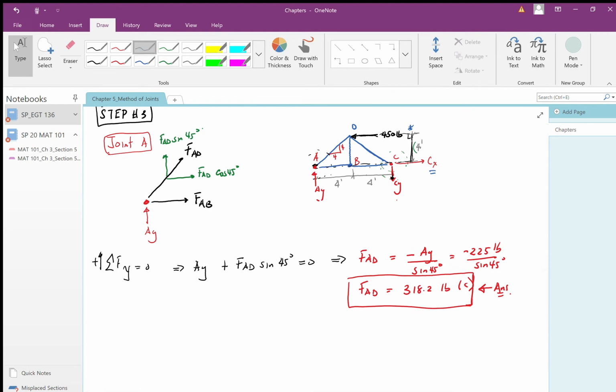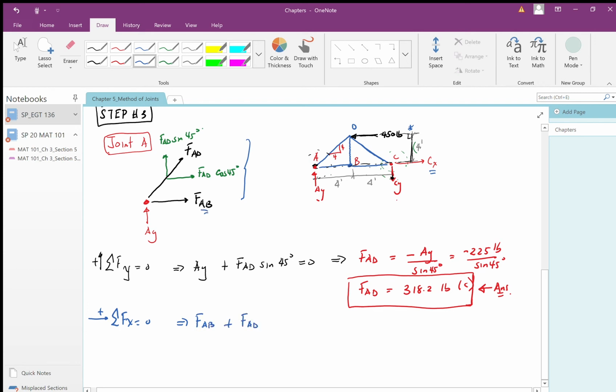Now I want to take it a step further and say the sum of the forces in the X direction equals 0. I'm going to look at my structure here and ask, what forces are in the X direction? Well, I see FAB plus FAD cosine 45 degrees, set equal to 0. Those are the only two forces in the x direction. Now, I want to solve for FAB. I already know what FAD is.